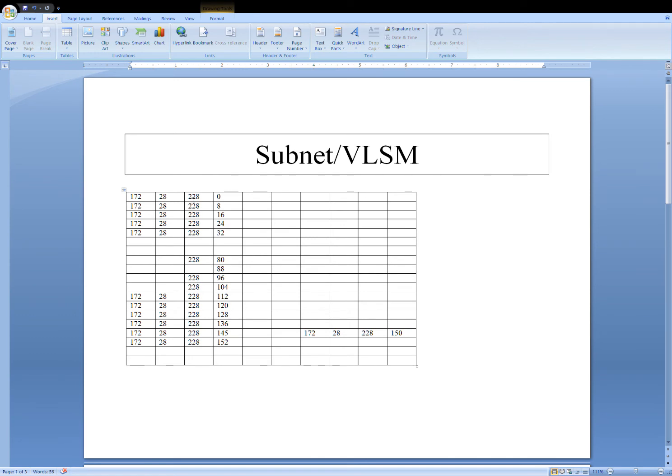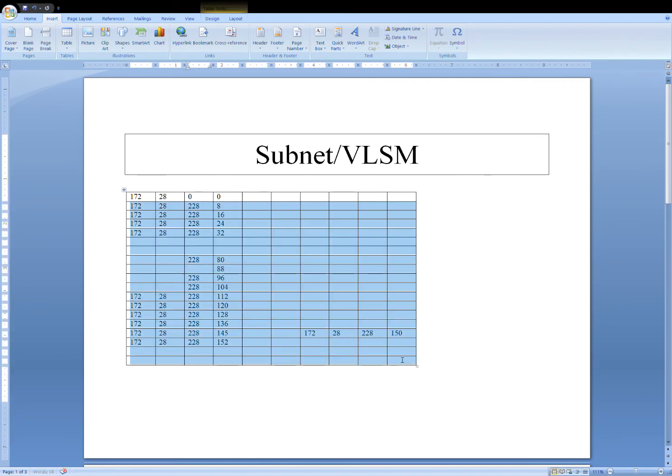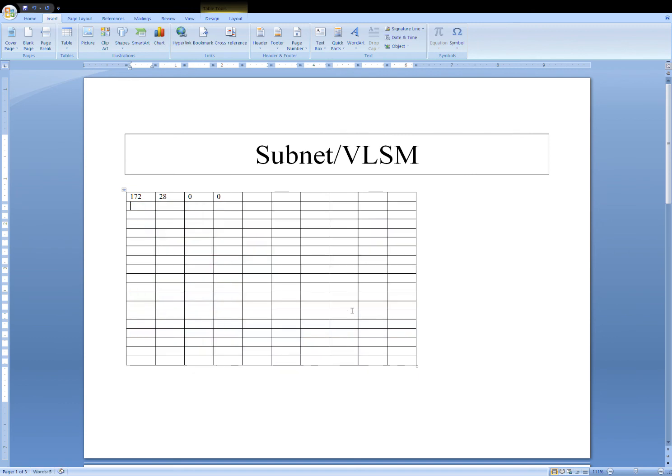So again, I go back to this because I'm playing in the third octet. So I don't touch the first or the second octet. I play in the third octet. I make anything else 0.